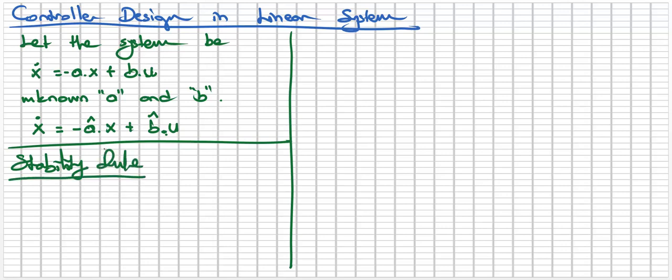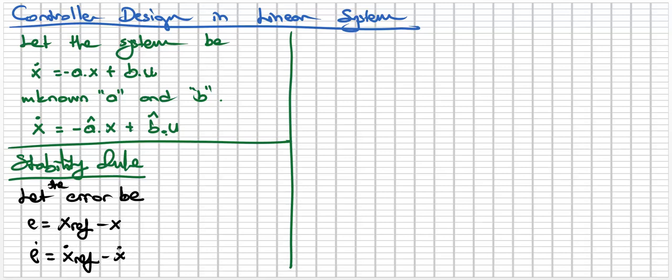How can we obtain the stability rule at this moment? So, firstly, we need to define the error variable in here, like this one. Let the error e be equal to x ref minus x, and e dot is equal to x ref dot minus x dot.